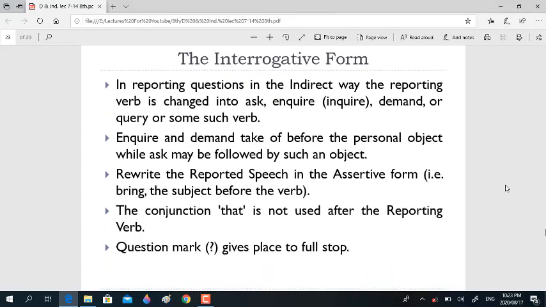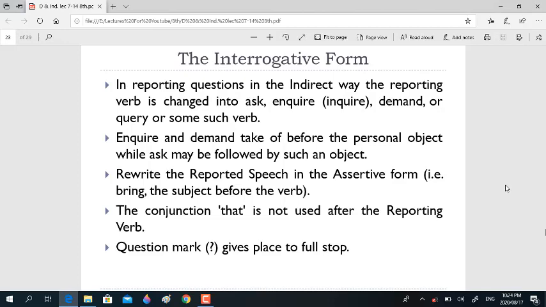And it is really very important for you to know that interrogatives are of two types. One is polar interrogatives, meaning interrogatives that begin with auxiliary verbs, right? And the other type of interrogative is WH interrogatives.